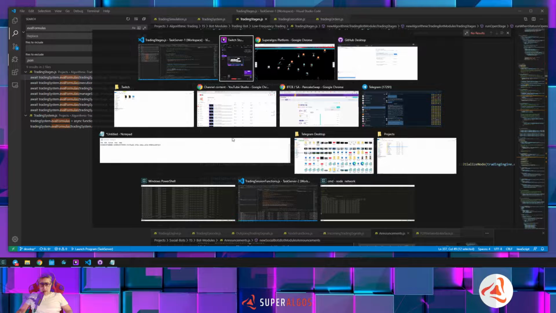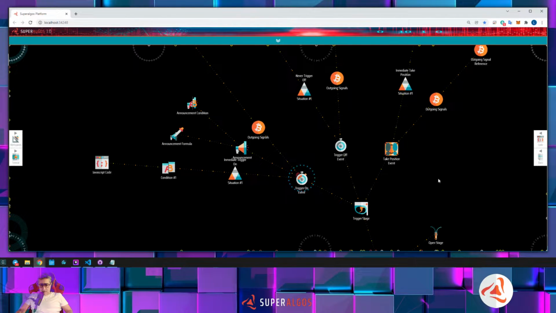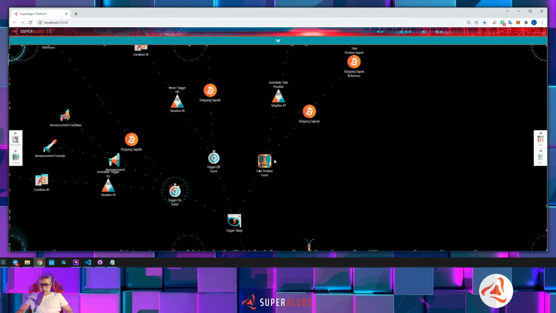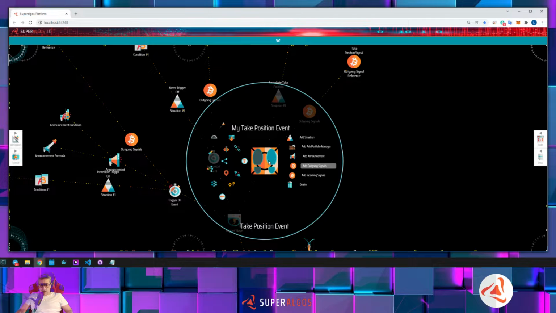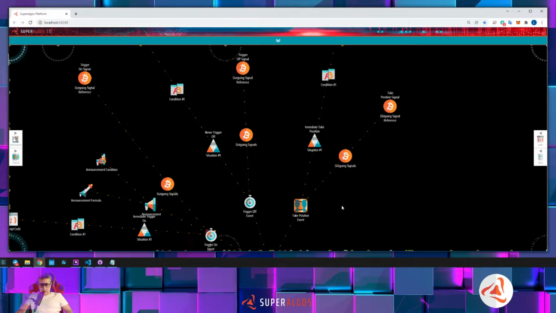Hold on. I was analyzing the trigger on, but the code was take position. So maybe there is something here that I'm not seeing. No, there is nothing. Just situations. That's what we have here.